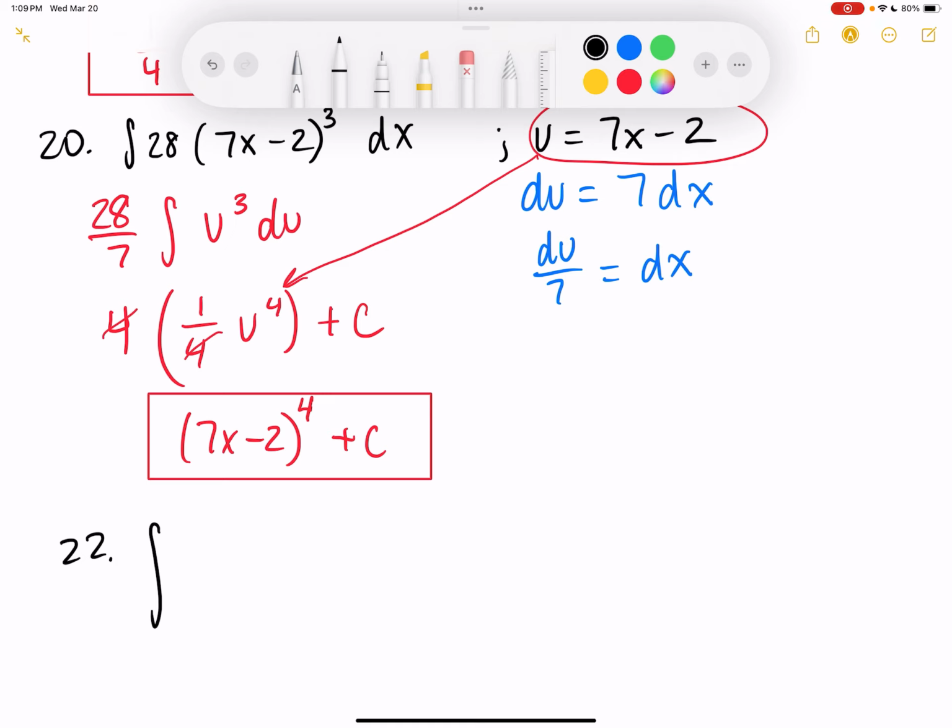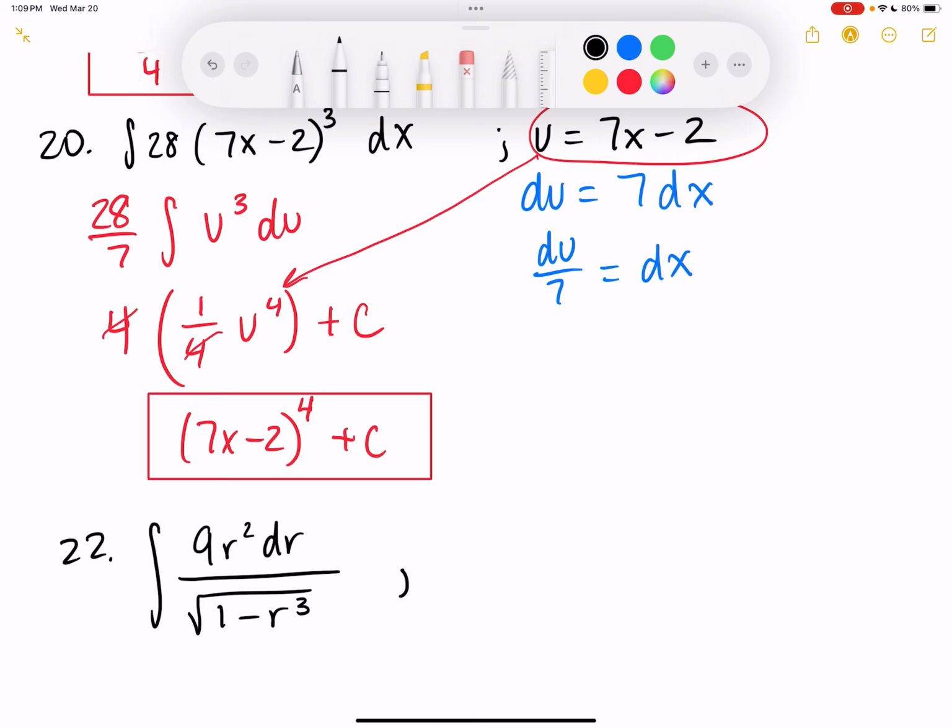The integral of 9r squared dr divided by the square root of 1 minus r cubed. Now, I'm just going to see if you can guess what u would be. They gave it to us in this problem, but I want to see if you have an idea of what it might be.